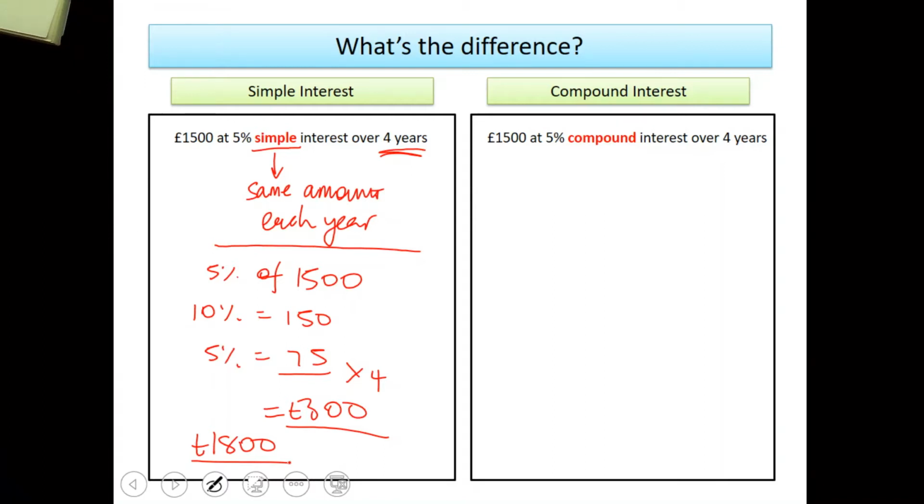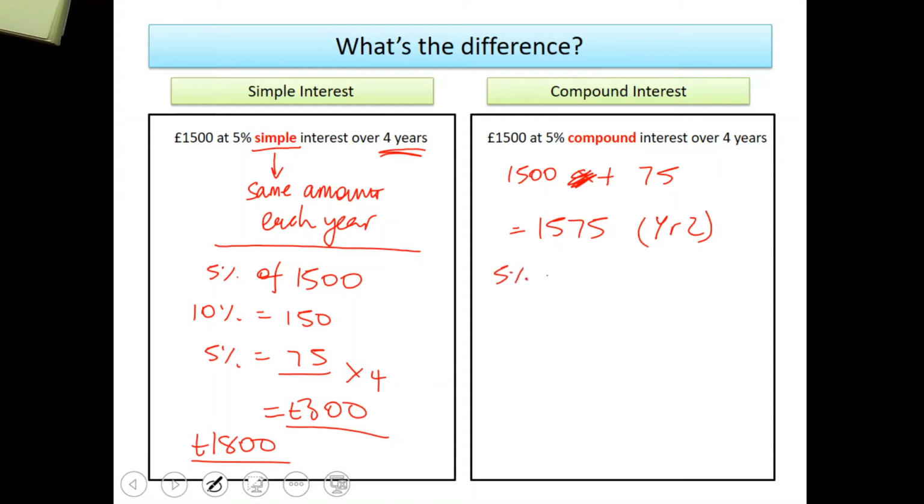So, for example, if I did this the long way, I would say 1,500, and I'd times it by some number, or maybe, in fact, what would be easier is let's add on the 5%. I worked it out, it was £75. That's 1,575. So this is year 2, that's what I'm starting with. And then I'd have to work out 5% again.